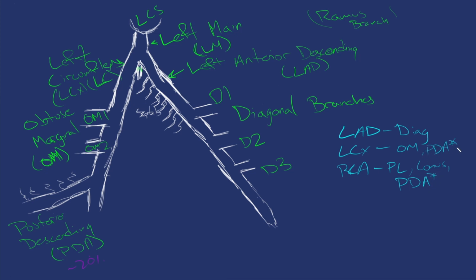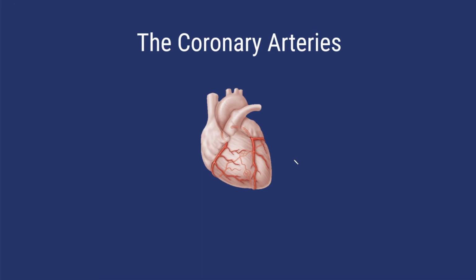Generally speaking, it comes off the RCA, but the main branch we're going to worry about with the RCA is going to be the PDA. And from the left main, we go to the LAD, circ, possibly ramus. So that's gone over our coronary artery tree.